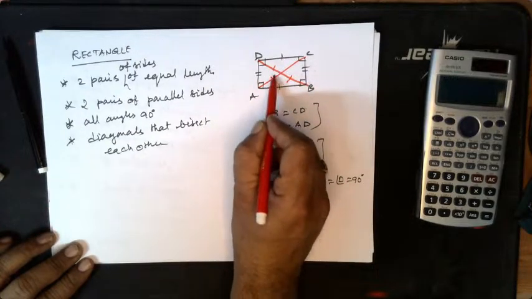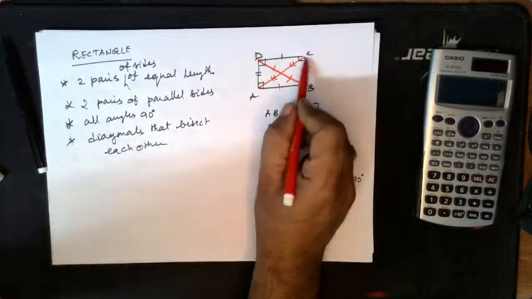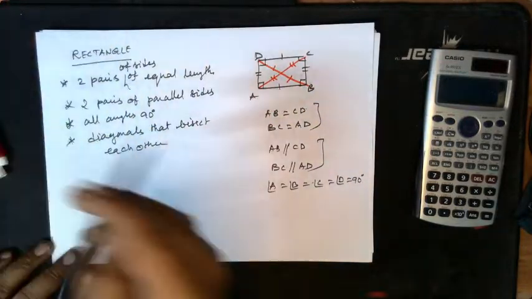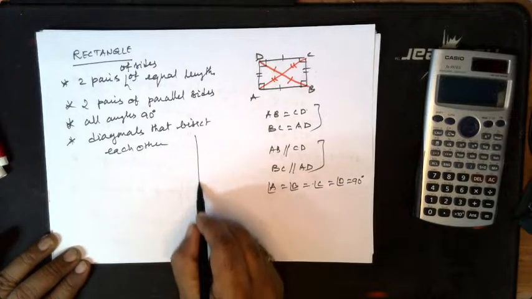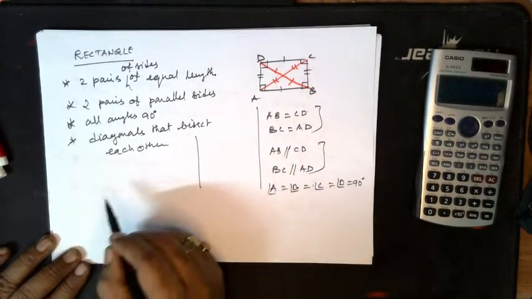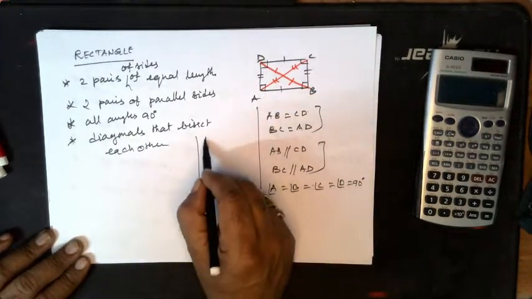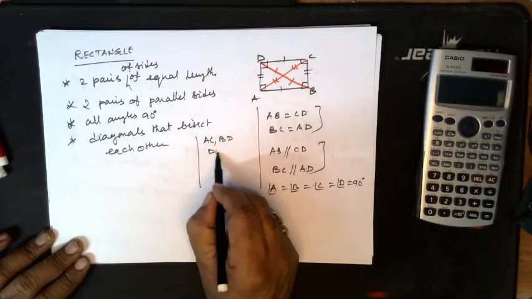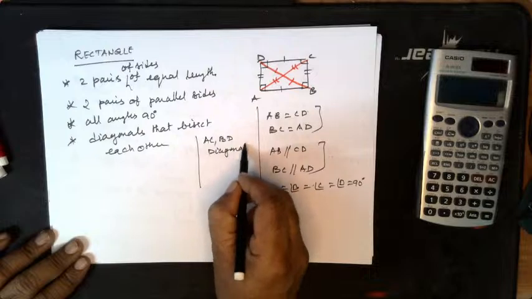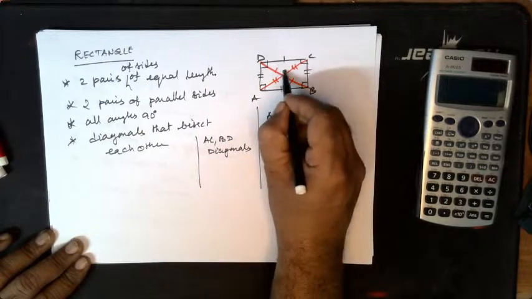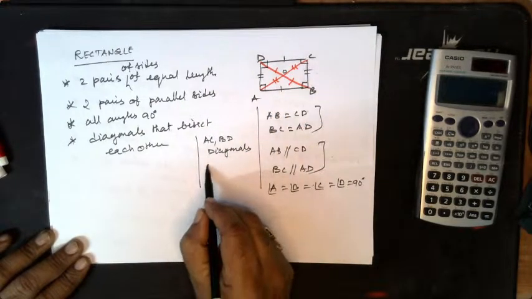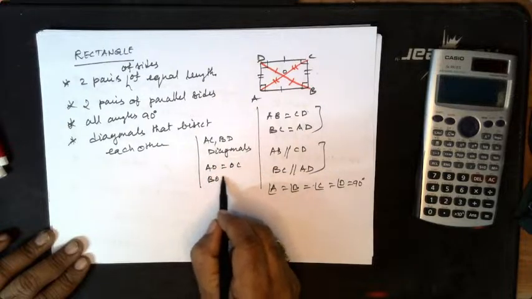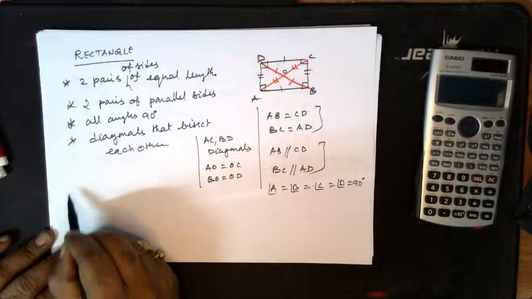Similarly, AC divides BD equally. AC, BD, they are diagonals and they meet at point O. So AO is equal to OC, BO is equal to OD.